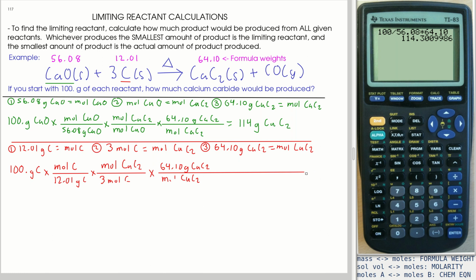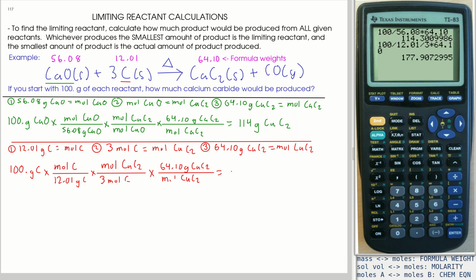This one went pretty fast because it's almost identical to the calculation up there in green. So let's see what this number actually is. 100 divided by 12.01, also divided by 3. Well, I can't forget that 3 on the bottom there. Times 64.10.